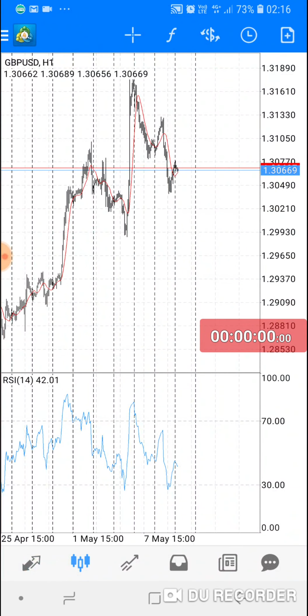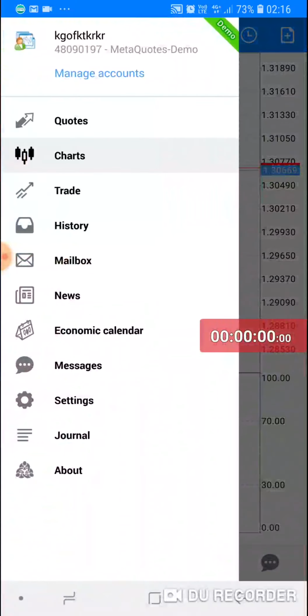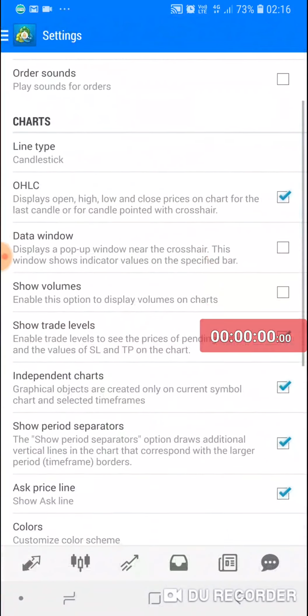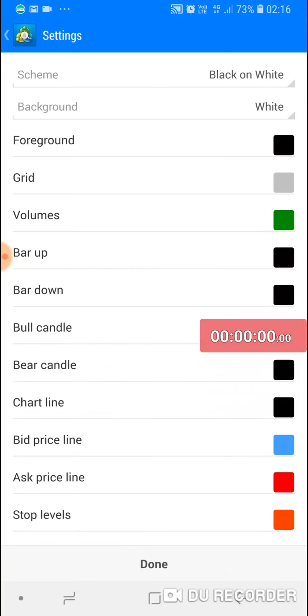The first thing which you need to do, okay, I actually prefer my colors this way. Bar up needs to be green. However, let me turn off the stopwatch for now because it's disturbing me. Bar up needs to be green, bar down red, bull candlestick green. This is green, yes.